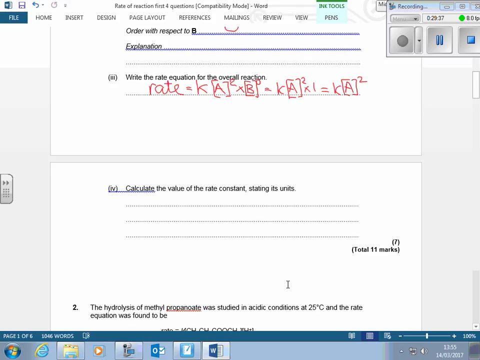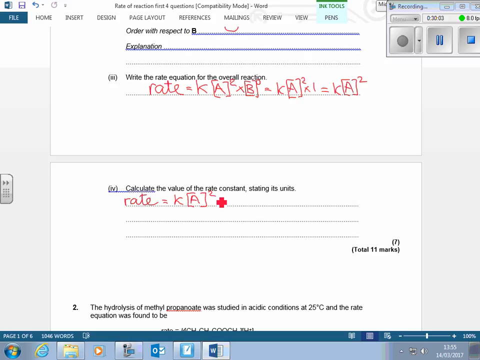Calculate the value of the rate constant, stating its units. Okay, value of the rate constant. Well, if our rate is K times A to the power 2, then all we need to do is choose any of those concentrations you like.